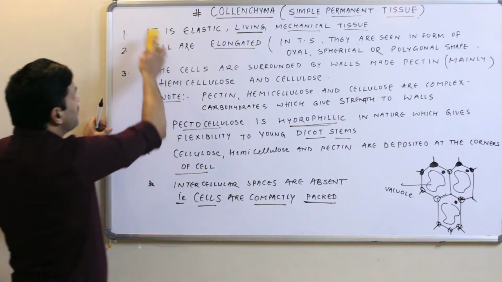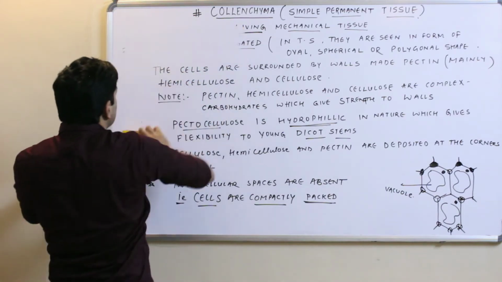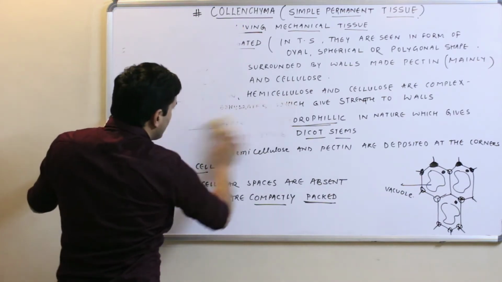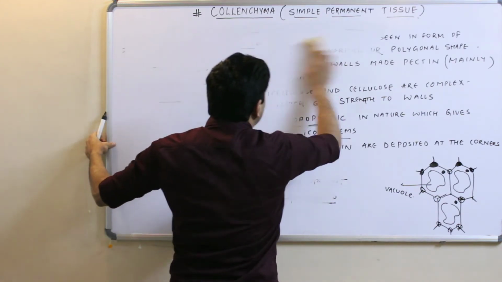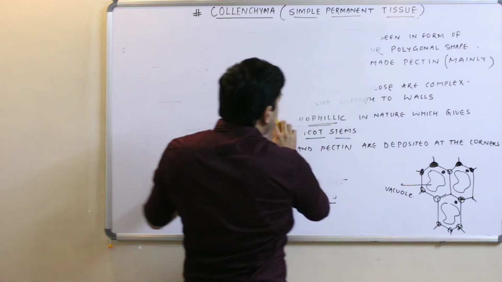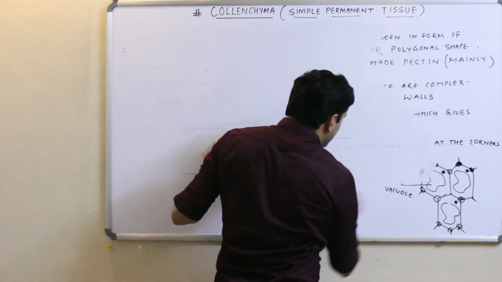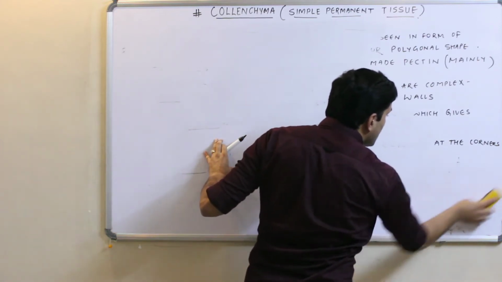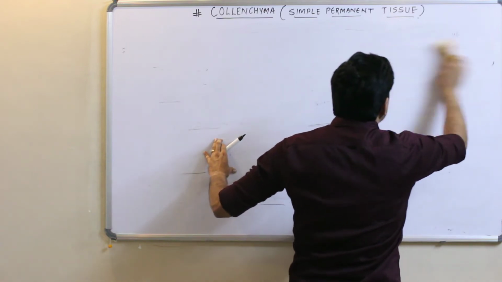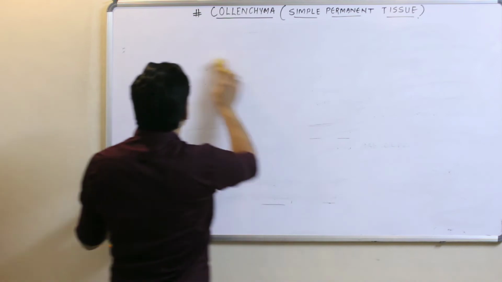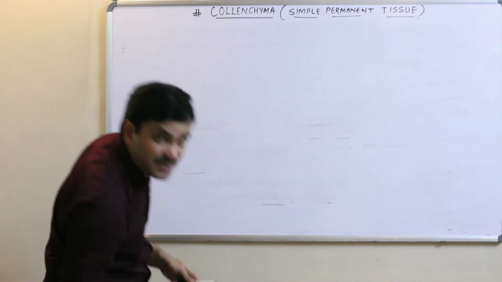Now let's have a look at the occurrence, where this tissue is found. First thing you must know is that the collenchyma is chiefly found in young dicot stems, not woody stems. Remember this.